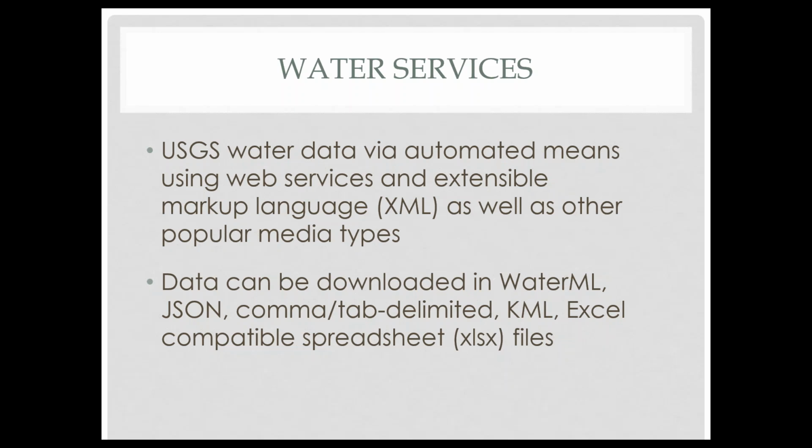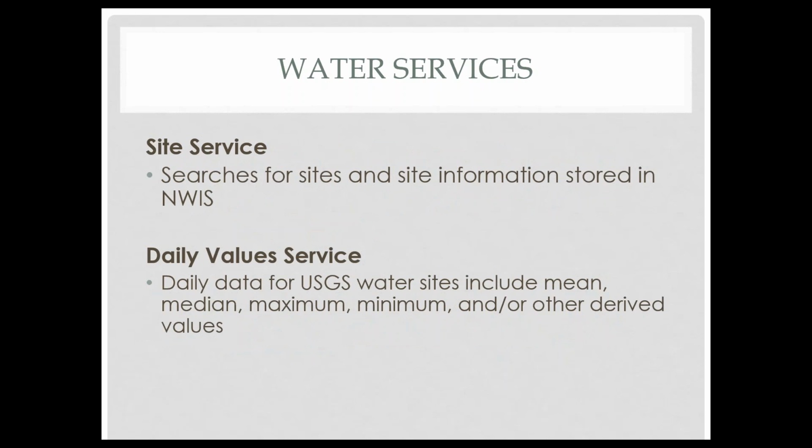The data will come out in extensible markup language or XML, or other formats like JSON, comma or tab delimited, KML for graphical display, and also Excel files. We have multiple services built. There's a site service.